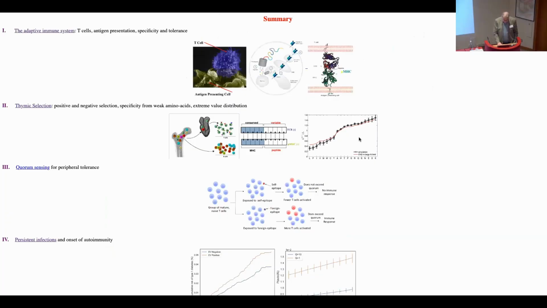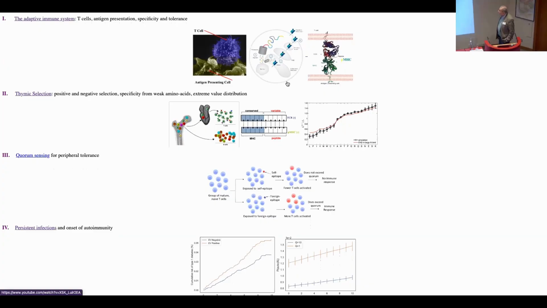And I guess it's a good time to summarize. So basically, we have this nice branch of the adaptive immune system, the T cell, that recognizes infected hosts through the presentation by the MHC molecule of pieces of peptide that could belong to self or foreign, and the T cell receptor has to distinguish them.